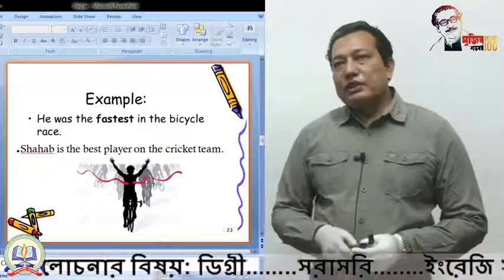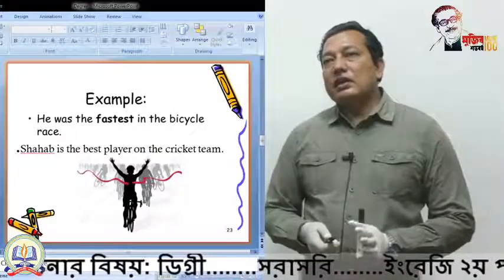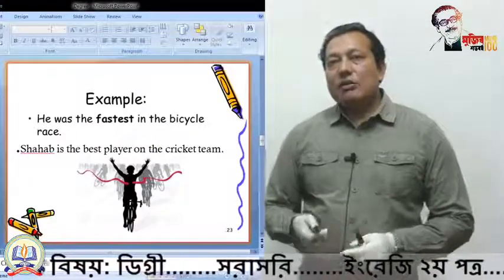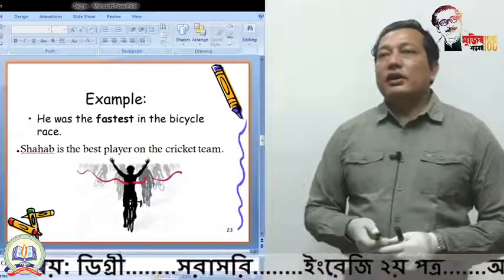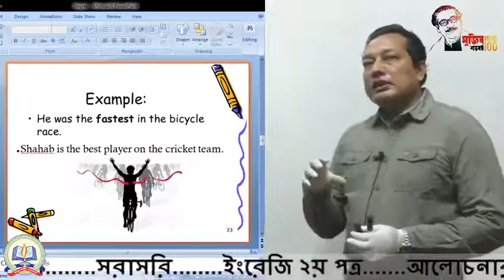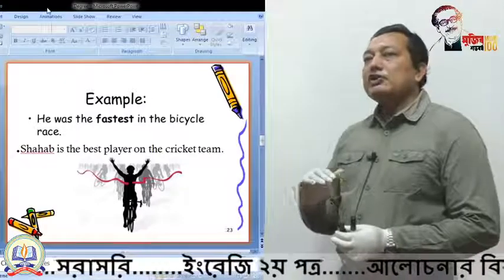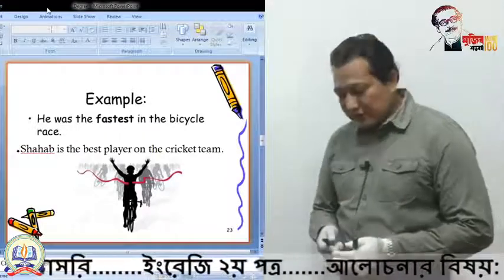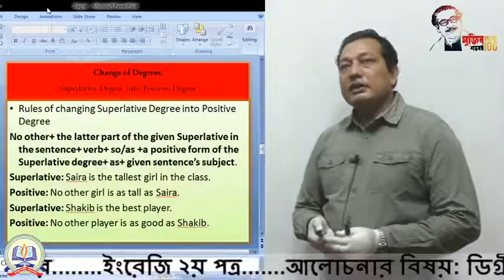Then we will go in detail. He was the fastest in the bicycle race, or Shabab is the best player on the cricket team. That means here we are denoting he or Shabab is the top, the best, and this is called the superlative degree.